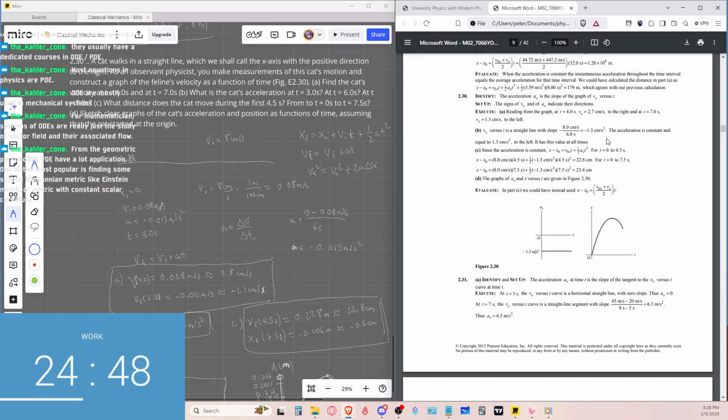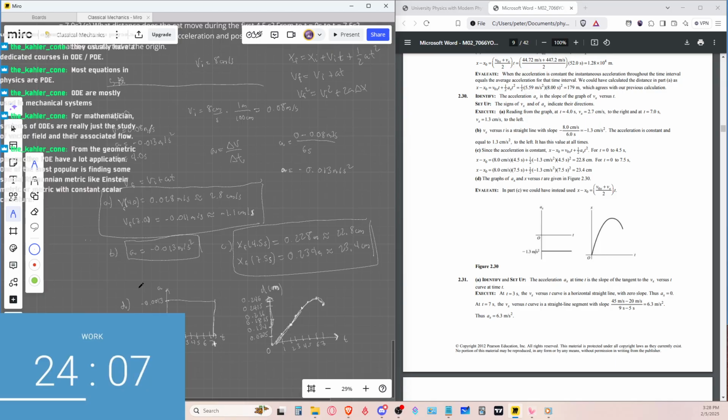Oh, I guess maybe I did something wrong with my calculator. That's why it's wrong. 23.4 centimeters.